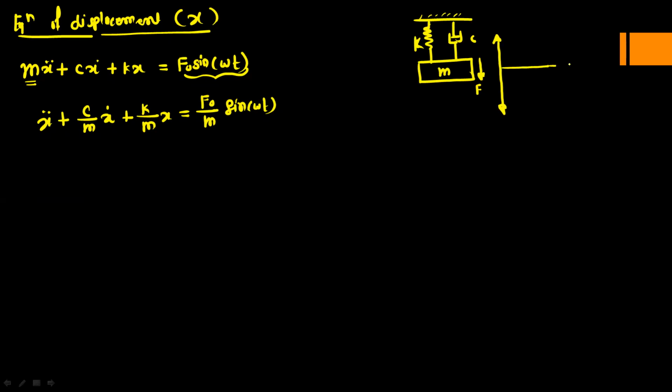So the force graph will be like this. So it is the harmonic motion for the force. This maximum value on both the sides is nothing but the f0, which is called the force amplitude. Okay. And this is the time period for that force.